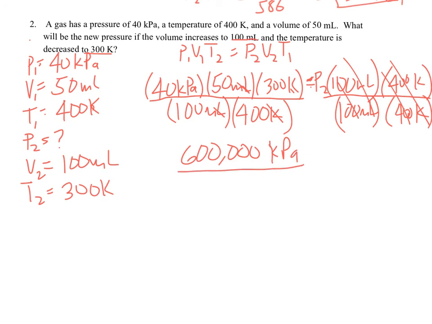And then we're going to divide that by 400 times 100. Just add 2 zeros to 400, you get 40,000. And then when we do the math, 600,000 divided by 40,000 is 15 kPa.